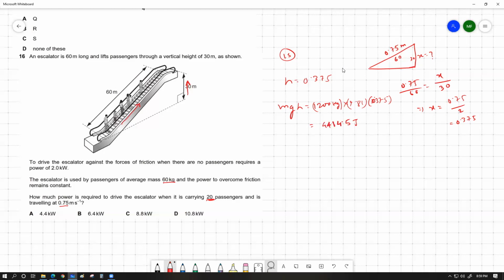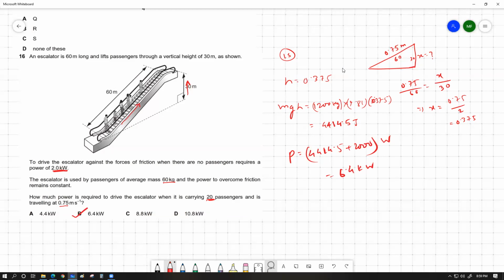The escalator on its own requires 2 kilowatt. So total power requirement would be equal to 4414.5 plus 2000 watt. That is about 6.4 kilowatt. This is the correct response. Important, sir, part, I did the math for 1 second.